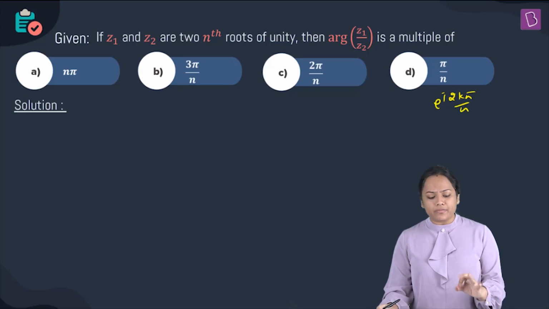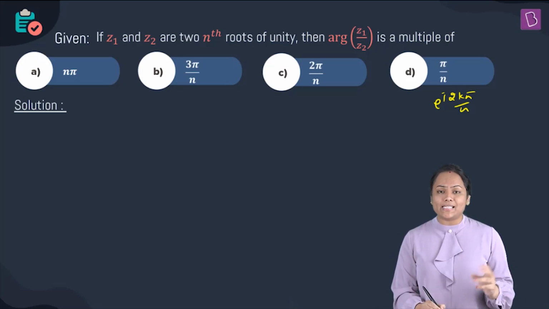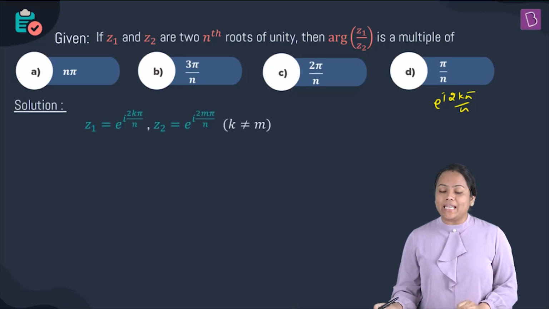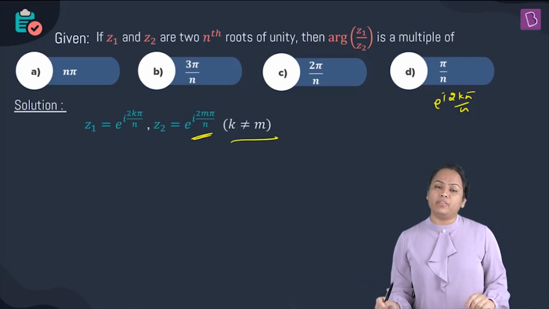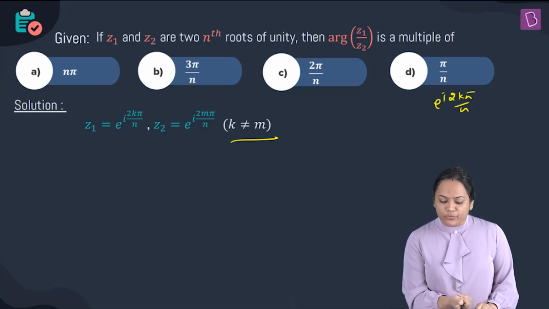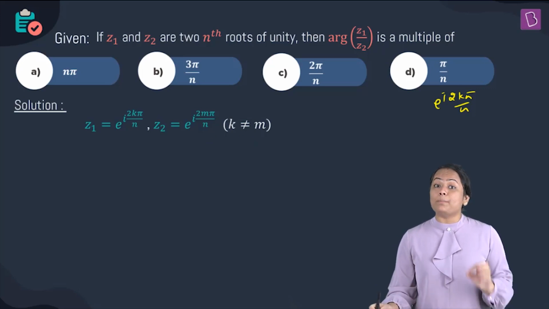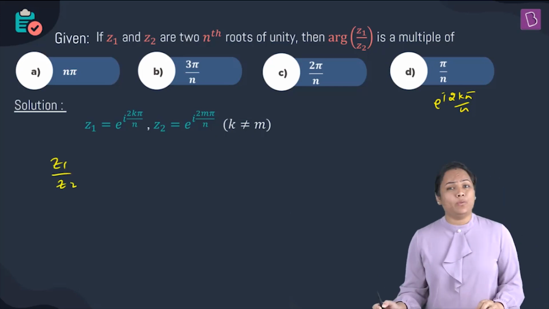So I have a z1 and z2. So that means I can take my z1 as, let us say, e raised to iota 2k pi by n, while z2 I am taking as e raised to iota 2m pi by n, where k and m are two different values. Clear? Okay. Now, since I have to find the argument of z1 by z2, I'll first find what is z1 by z2.